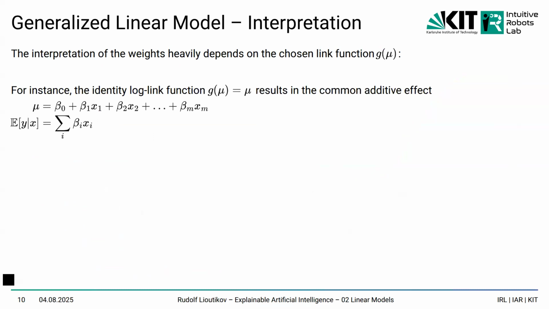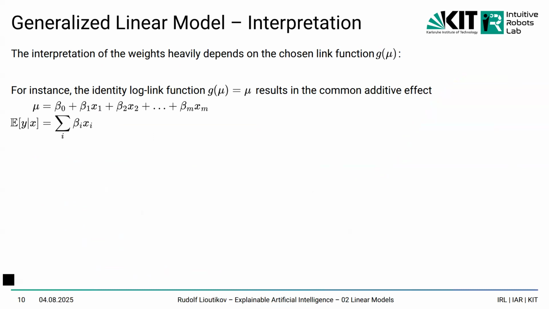So now let's talk about the interpretation, right? Since we're talking about interpretable models, what are the interpretable parts here? In terms of linear models and the GLM, it strongly depends on what our link function looks like.